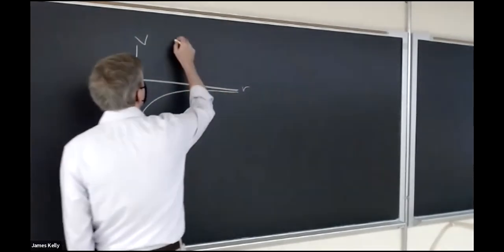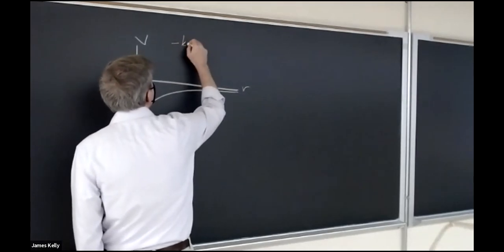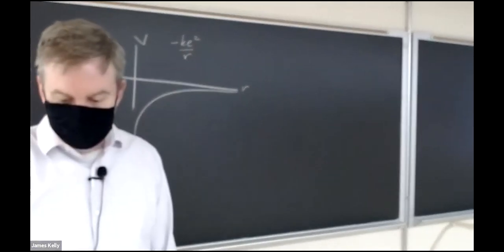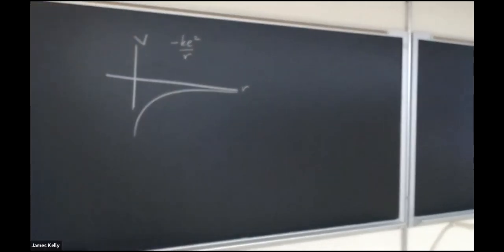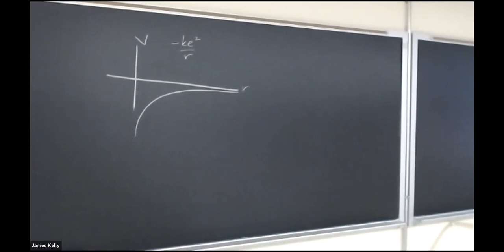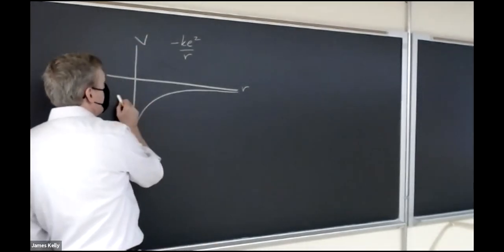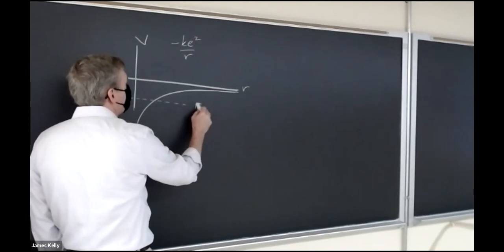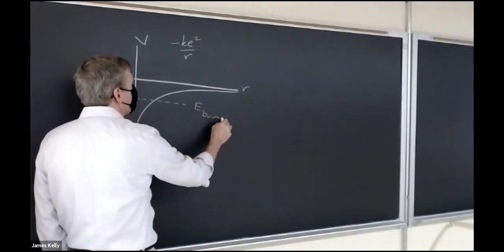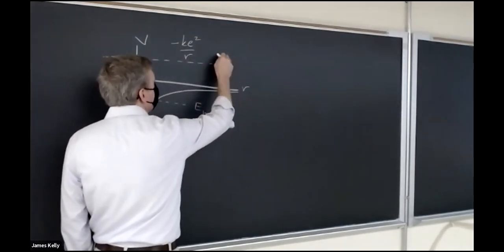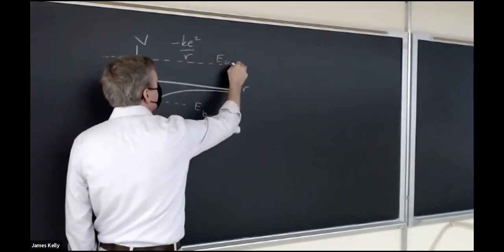It's minus ke squared over r, if I put in the two charges, e and minus e, and k is 1 over 4 pi epsilon 0. So energies down here are going to correspond to bound states. And if the electron has an energy up here, that's going to correspond to a scattering state.